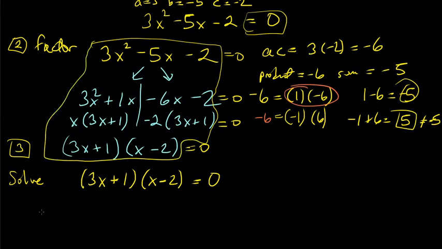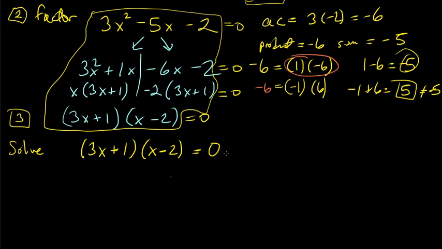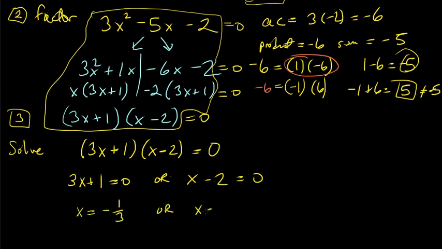But now in step 3, we set it equal to 0. And at this point, this should be the easy part. 3x plus 1 equals 0, or x minus 2 equals 0. So yep, you're going to get x equals -1/3, or x equals +2.